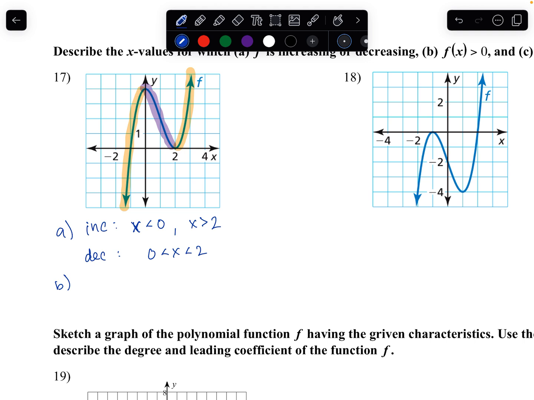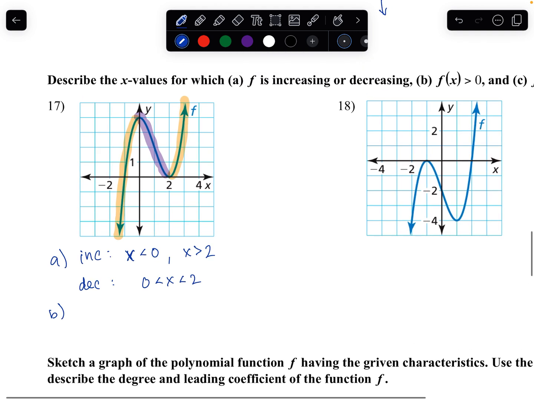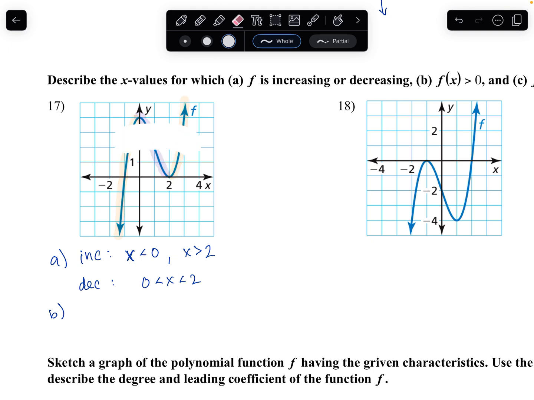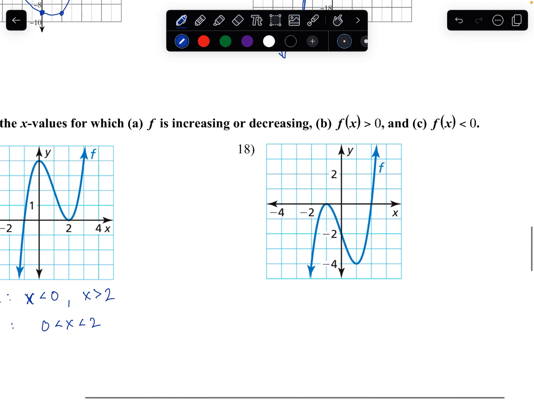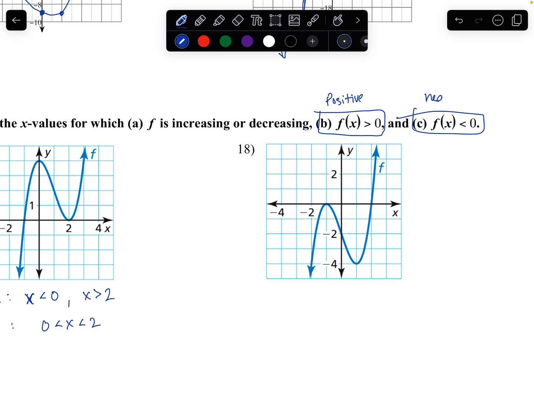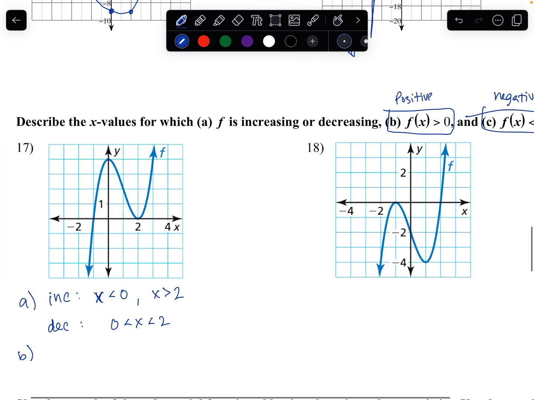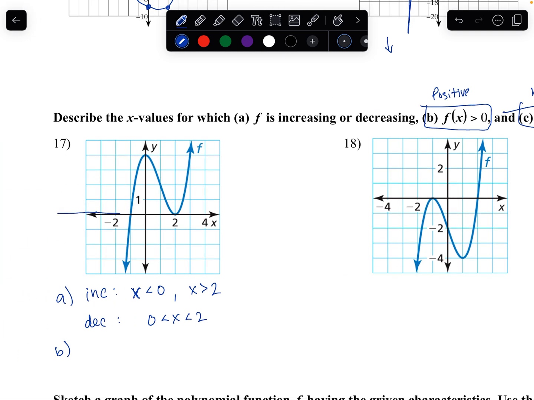Okay, for b, we're checking to see when f of x is greater than 0. That just means when f of x is positive. So this just means positive. And this means right here, negative. And we're positive right here. So just this is the defining part.